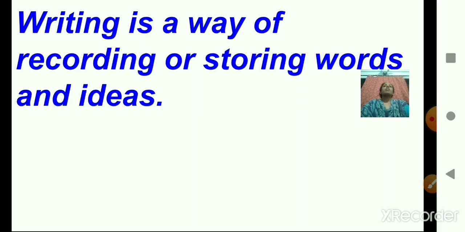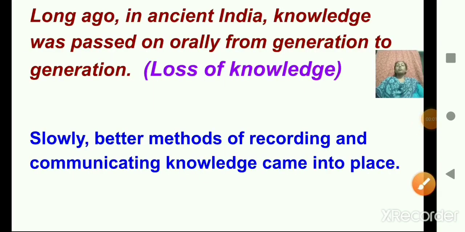Now children, if you see ancient India, knowledge was generally passed on orally, isn't it? Because of this, knowledge was communicated to a very small number of people. Long ago in ancient India, knowledge was passed on orally from generation to generation.